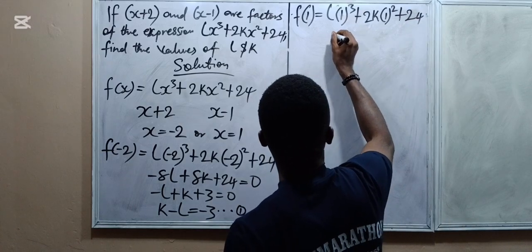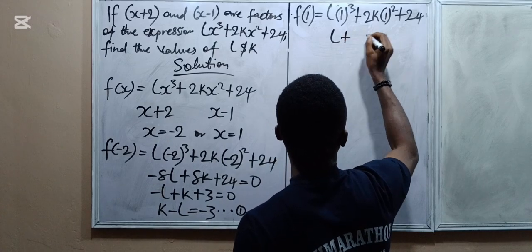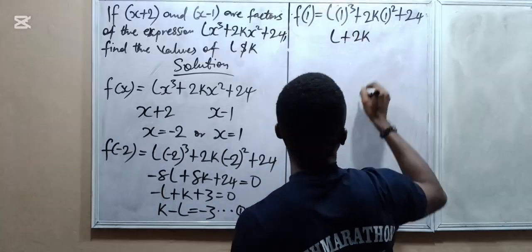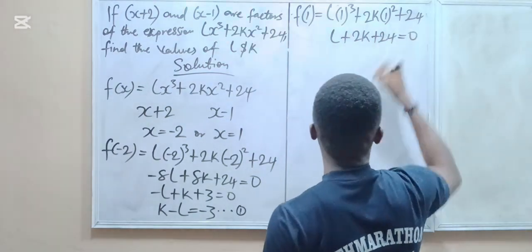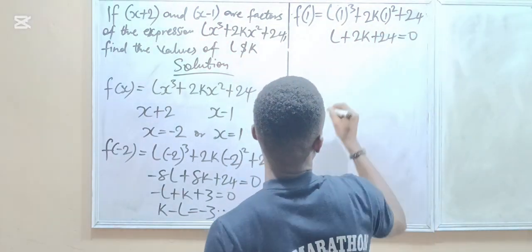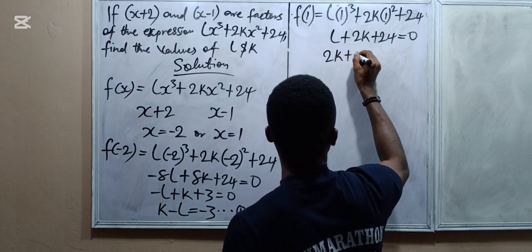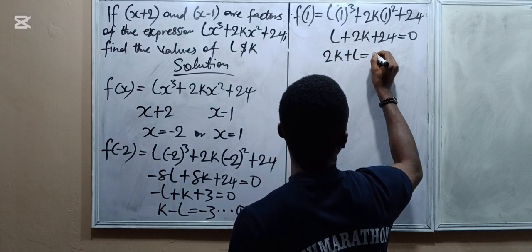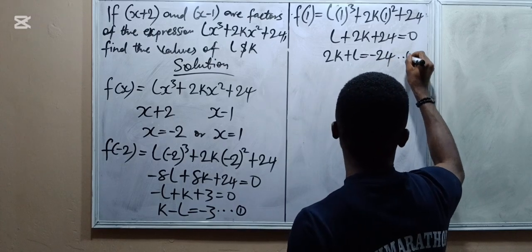And this is equal to L, because 1 times 1 times 1 is still 1, plus 2k plus 24, equal to 0, because it is a factor. So we have that 2k plus L is equal to minus 24. And this is equation 2.